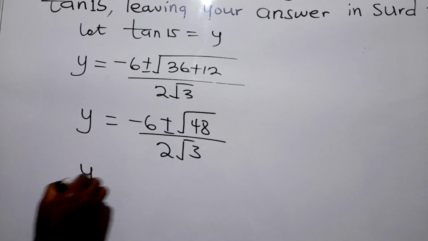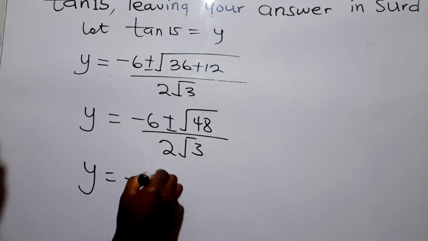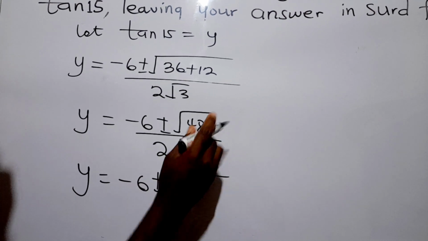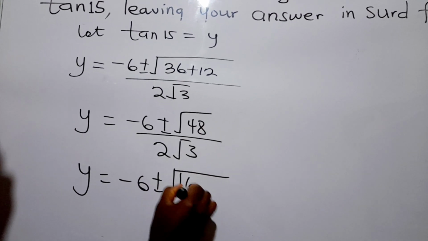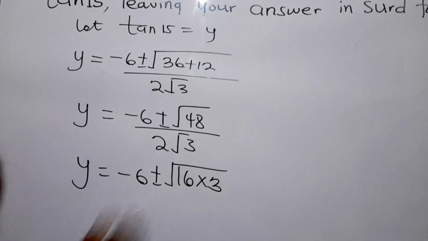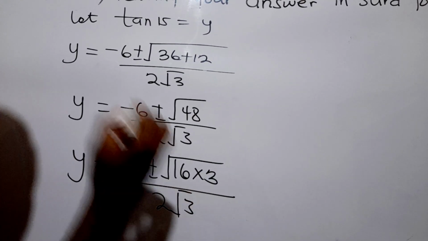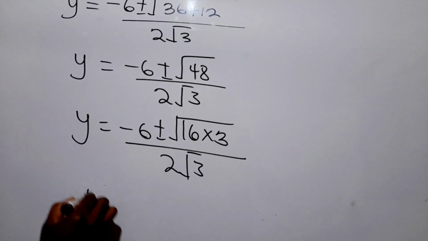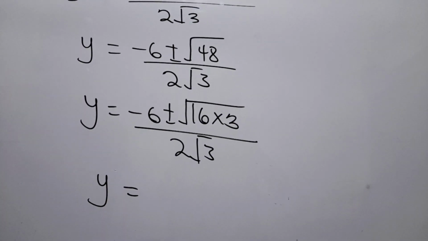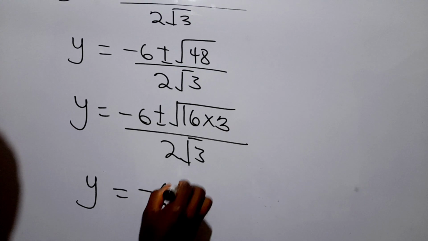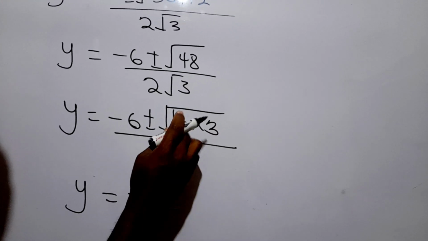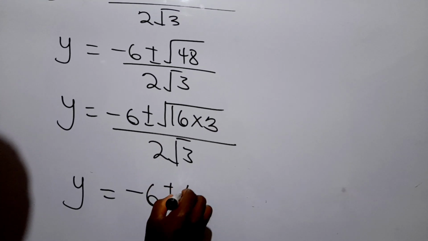So we have y equal to negative 6 plus or minus, this can be reduced to 16 times 3, which will give us 48, over 2 root 3. So our y will be equal to negative 6 plus or minus the square root of 16, which is 4.